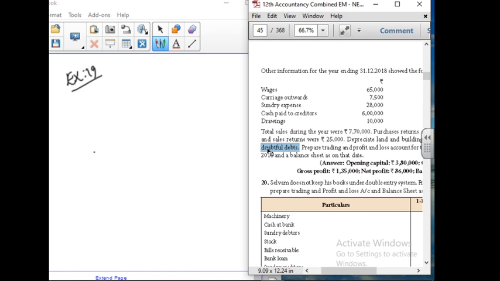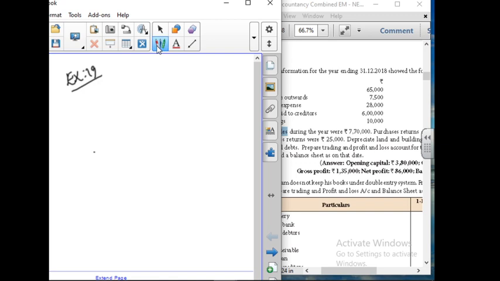So it is not necessary to find out the total debtors account since the information is given as total sales. But no other information is there for the credit purchases. So it is necessary that we have to create the total creditors account, and just look into, we didn't see any of the opening capital.